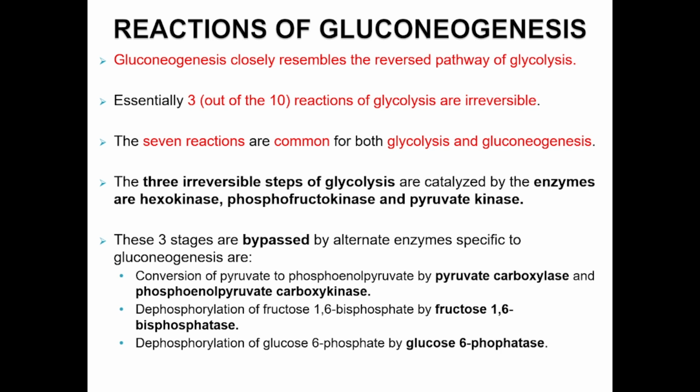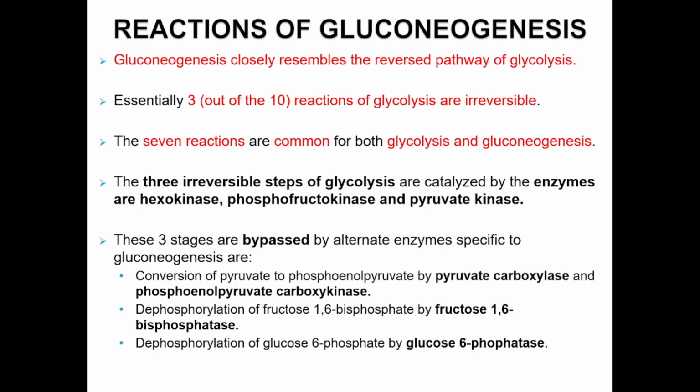So first, if we want to convert pyruvate back to phosphoenolpyruvate, we will need 2 enzymes, pyruvate carboxylase and phosphoenolpyruvate carboxykinase. This is the tricky step in gluconeogenesis. The other 2 steps are straightforward.